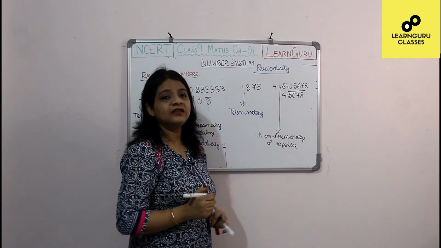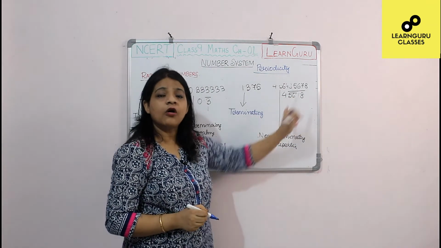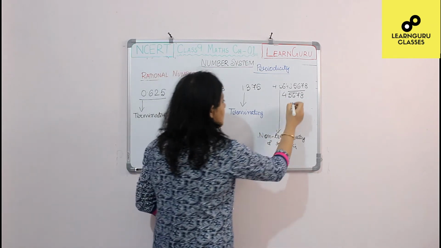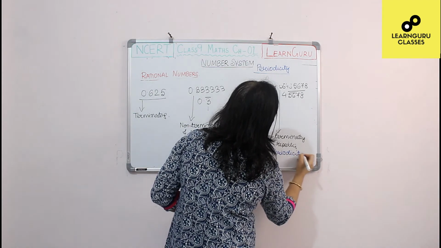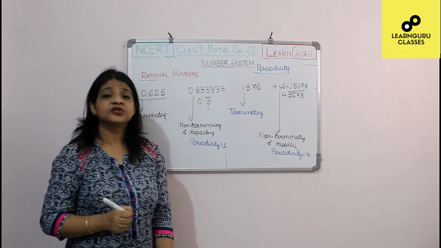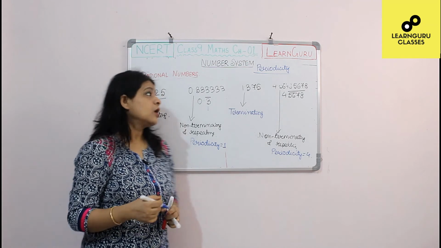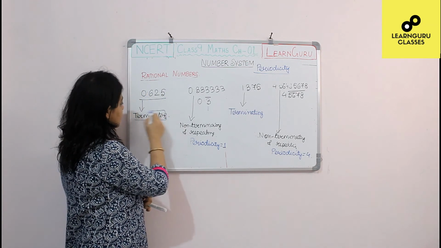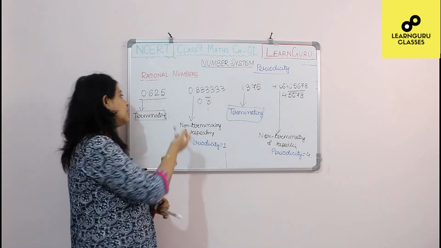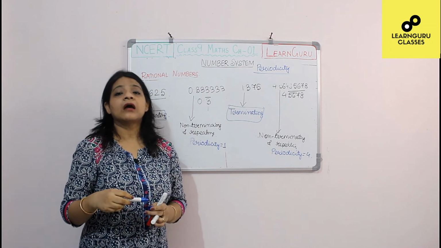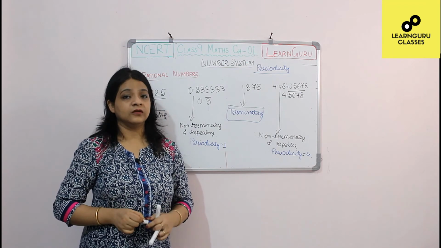What is the periodicity here? 1, 2, 3, 4. How many numbers are under the bar? 4 numbers are under the bar. So here the periodicity is 4. Periodicity comes into the picture only for non-terminating and repeating decimal expansions. For terminating decimal expansions, this term is meaningless, because no digits are being repeated sequentially, so we can say the periodicity is 0.